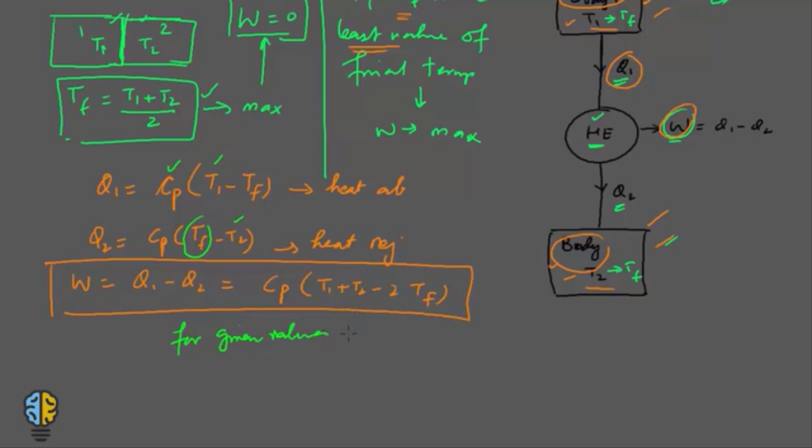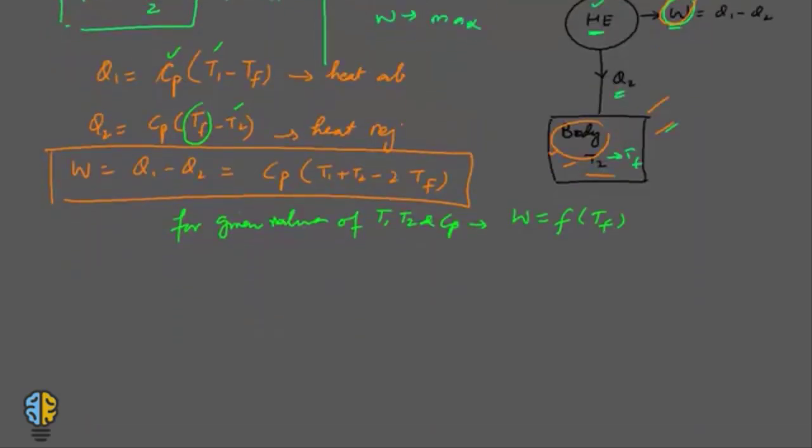For the given values of T1, T2 and the specific heat capacity at constant pressure, the work obtained is a function of the final temperature Tf. So the work will be maximum when the value of Tf is minimum. This is something you can say is a correlation between the two.